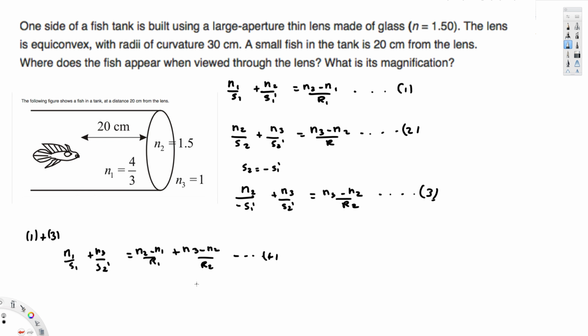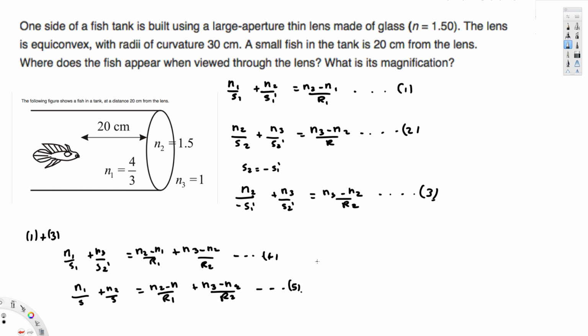And also we can say that s2 prime is equal to s1 prime, because now we are considering the whole system. So we replace s1 with s, and we replace s2 prime with s prime. In that way we will have an equation like this: n1 over s plus n3 over s prime equal to n2 minus n1 over r1 plus n3 minus n2 over r2, and this is going to be our equation 5.